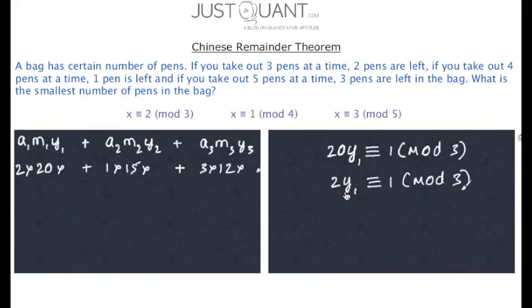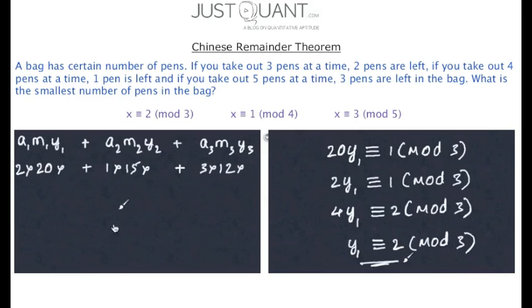Hence multiplying both the LHS and RHS by 2 we get 4y1 is congruent to 2 mod 3. Now 4 gives us a remainder 1 with 3, hence we have y1 is congruent to 2 mod 3.